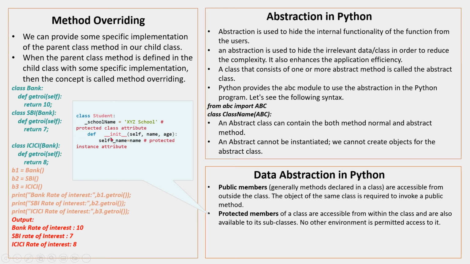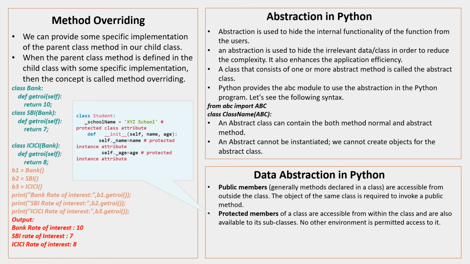You don't need to make the parameters protected, because anyway these are implicit assignments. So the attributes are the members: school name is our class attribute, name is our instance attribute, and age, this underscore age, is another instance attribute.